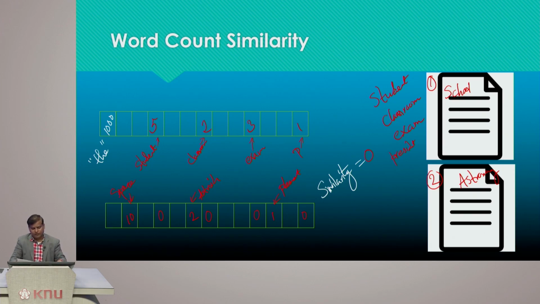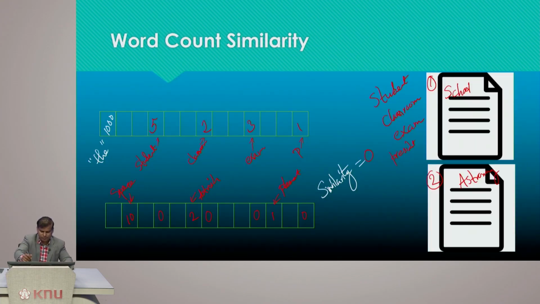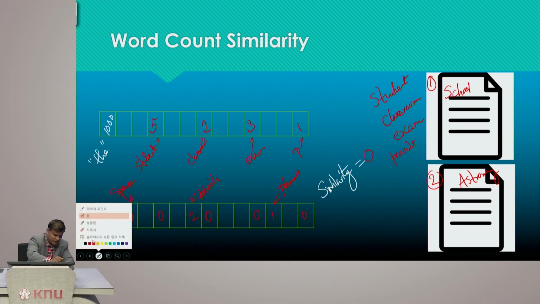In fact, if you want to be more precise, you can normalize the similarity, and there are mechanisms by which we can reduce the effect of the overly large number of words like the word the. For this let me give you an example.